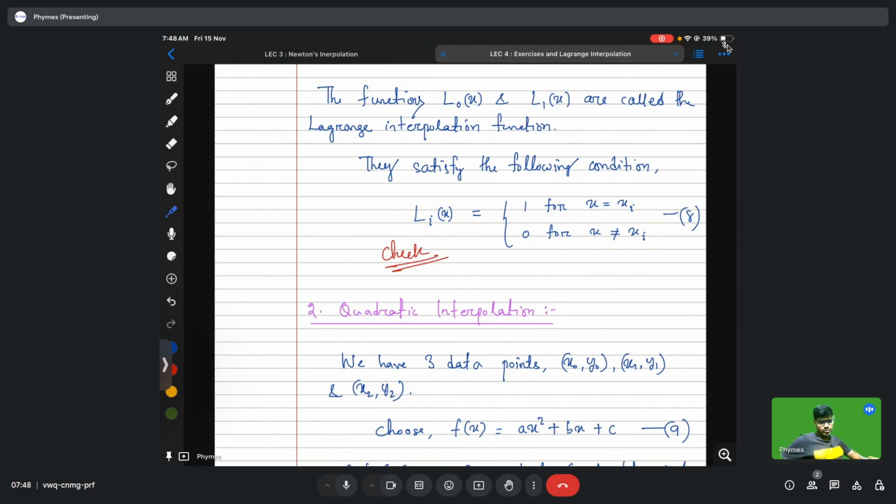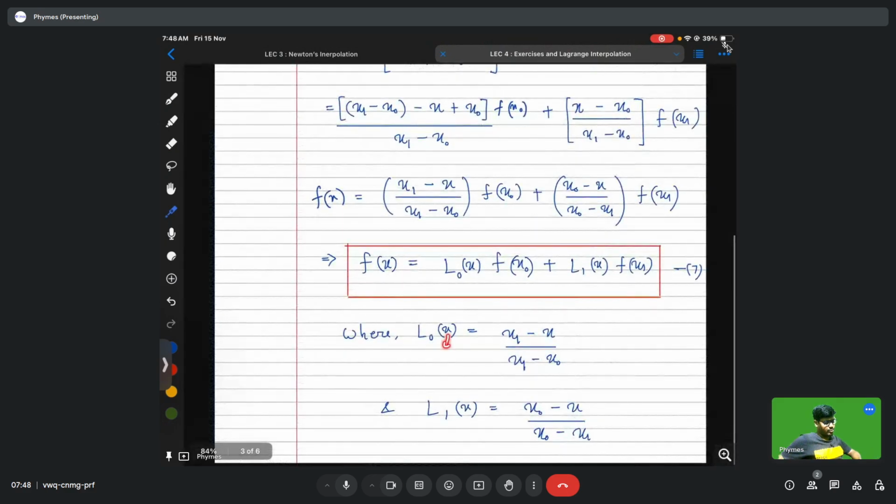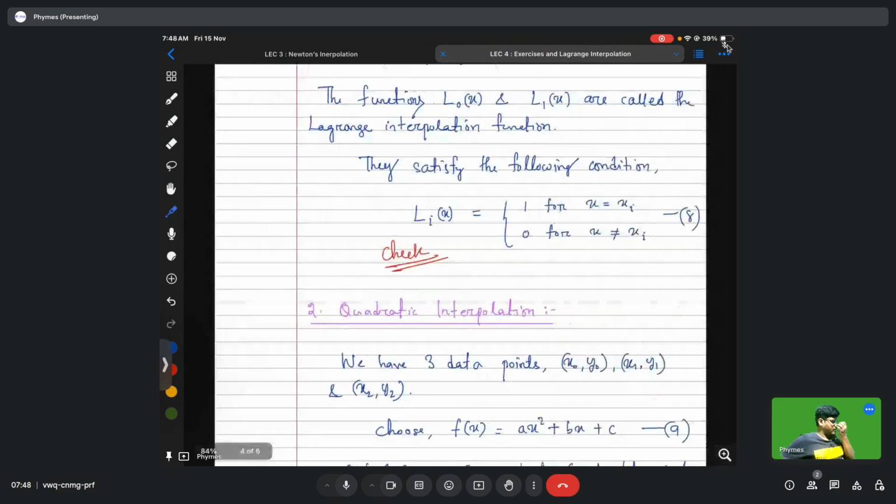So here you see that when x equal to xi, for the L0 case, when x equal to x0, what will happen? Then this will become x1 minus x0 divided by x1 minus x0, and this is equal to 1. They will cancel out and it will be 1. And when x is not equal to xi, it is 0.